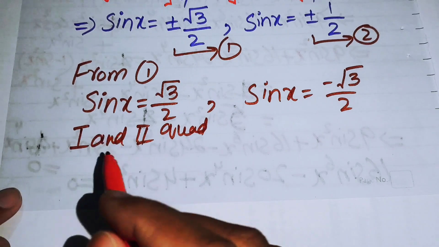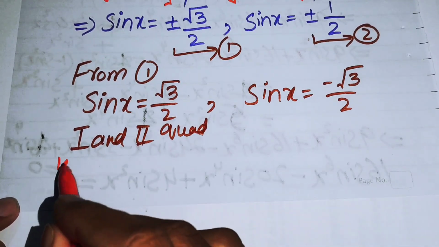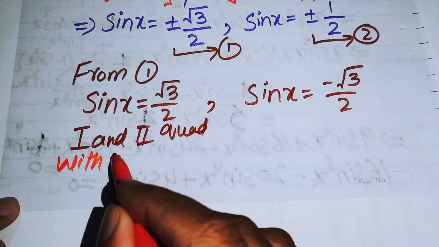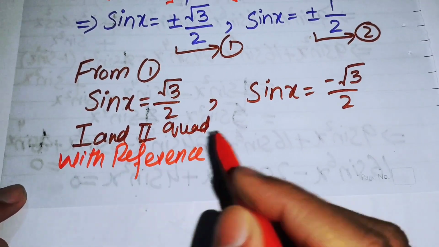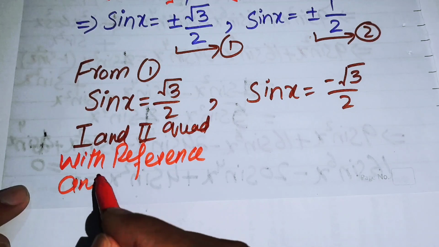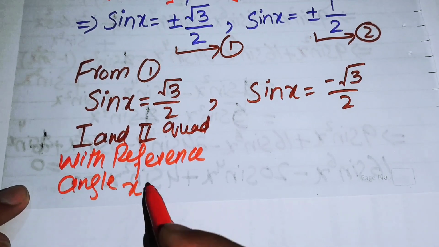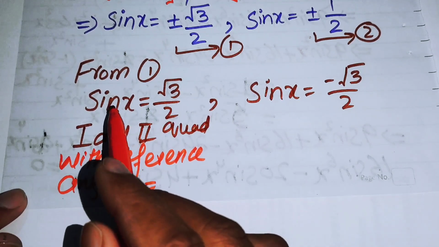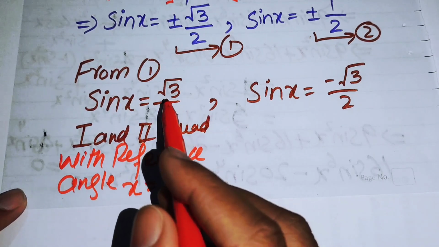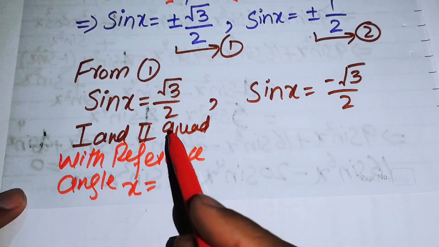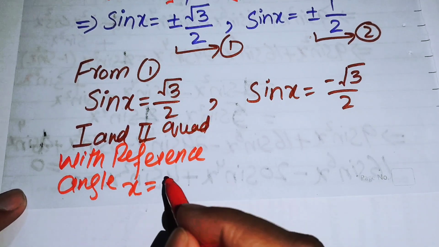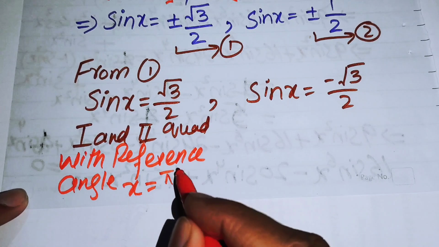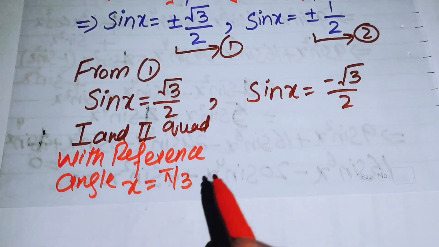So we know that in the second quadrant with reference angle, here you have the reference angle x equals to, we move the sine to the right hand side, so it will become sine inverse of square root 3 over 2, and we know that sine inverse of square root 3 over 2 equals pi over 3. So this is our reference angle.